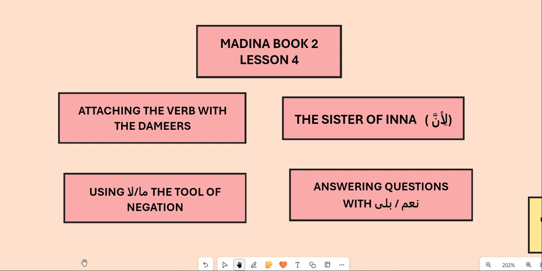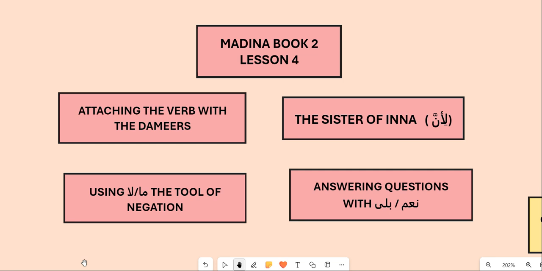Secondly, you are going to learn about the sister of inna, that is li anna. Before, I discussed the sister of inna, there are a lot of sisters of inna, just like la alla, laita, then ka anna, but there is also li anna. Some grammarians consider li anna as the sister of inna, since it follows the same rules of sister inna, that is making mubtada into mansub and khabar into marfu.